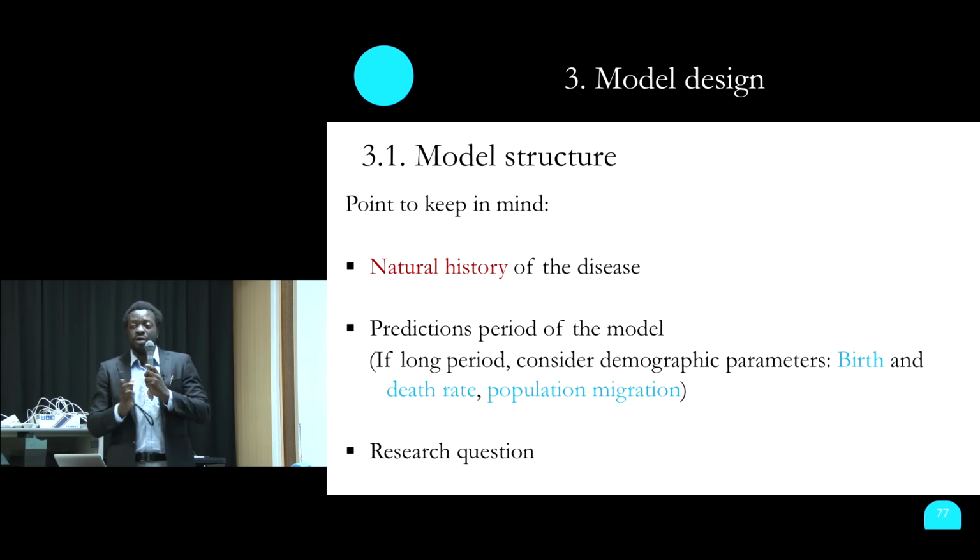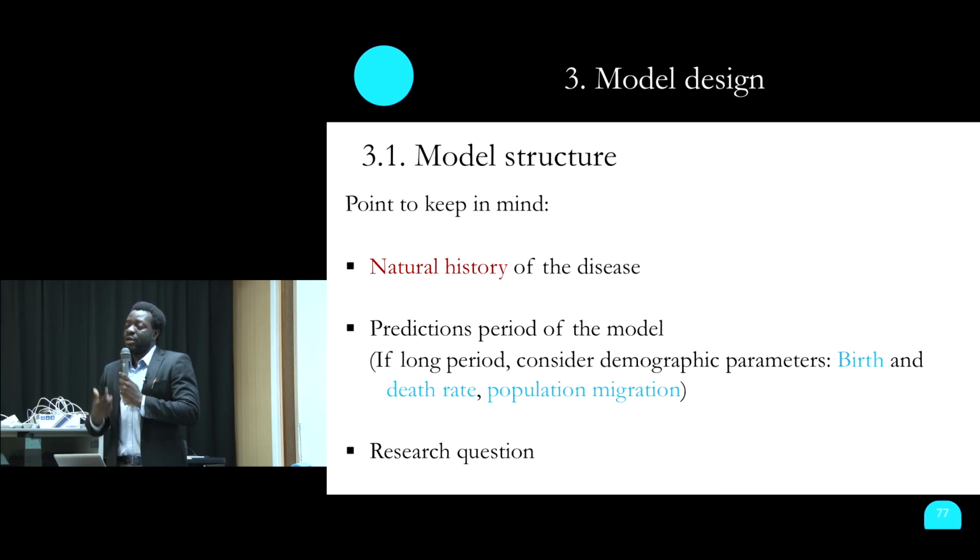But for our research question, we really make it simple. There is no birth, there is no death, there is no population migration. And also your research question is a very important element to consider about the design.